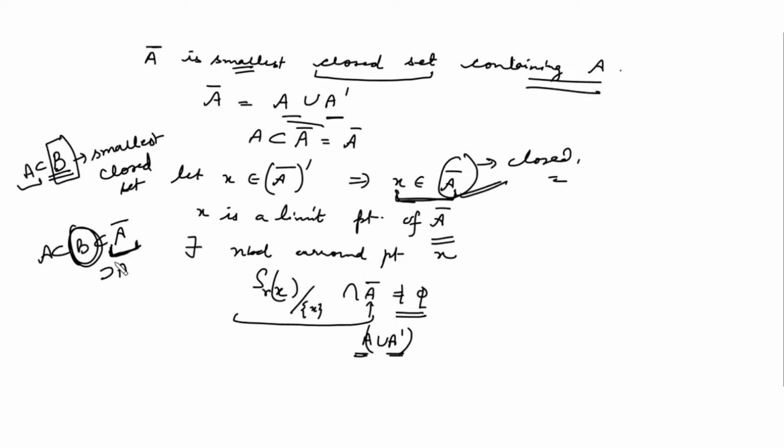Now we want to prove the reverse. So for this, we will consider any element from this set and we will show that it is a member of B.